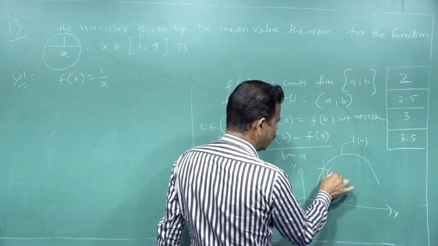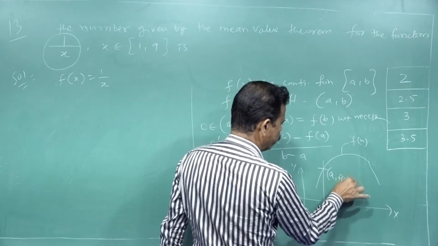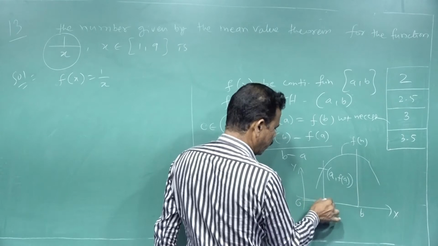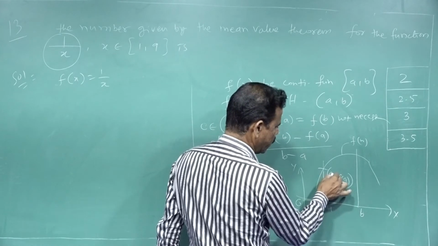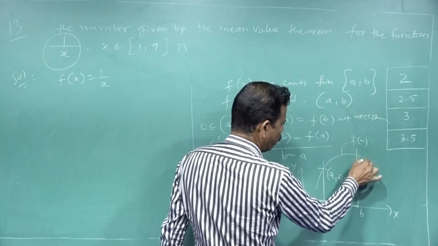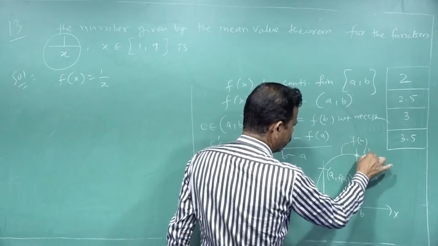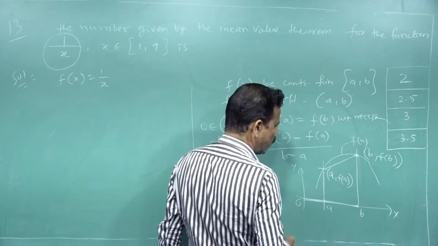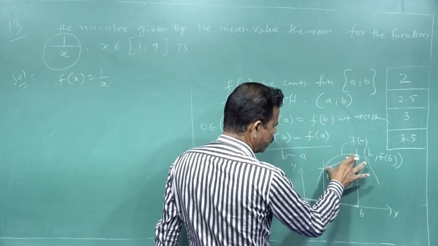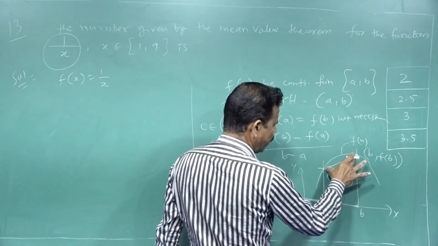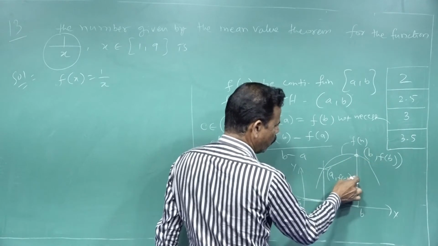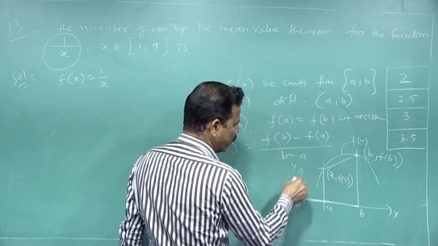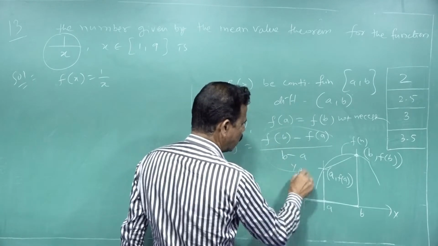This point is (a, f(a)). This point is another point b. So x coordinate here is a, and here x coordinate is b. The y coordinate is f(b). So you see, join these. This is the line. The slope of this line is the difference of y coordinates by the difference of x coordinates, f(b) minus f(a) by b minus a. That's why it is the slope.